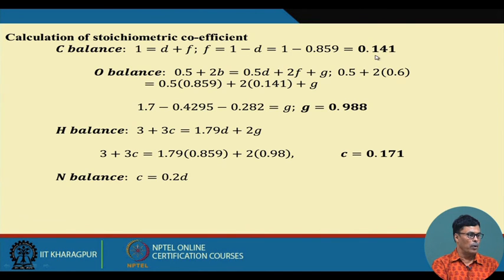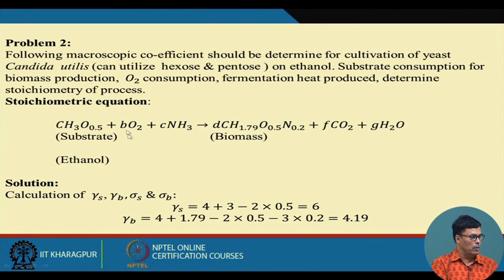If we subtract this from 1, we get the F value, about 0.14. Similarly, we can do the oxygen balance. Oxygen appears in different forms: here, here, here, and here. More or less everywhere except ammonia we have oxygen.